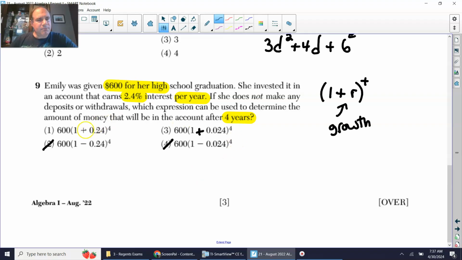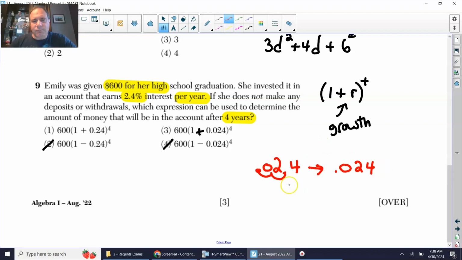So it's either 1 plus 0.24 or it's 1 plus 0.024. So remember, you have to take the percent and move it to a decimal. So it's 1, 2. And we're going to put 0.024.